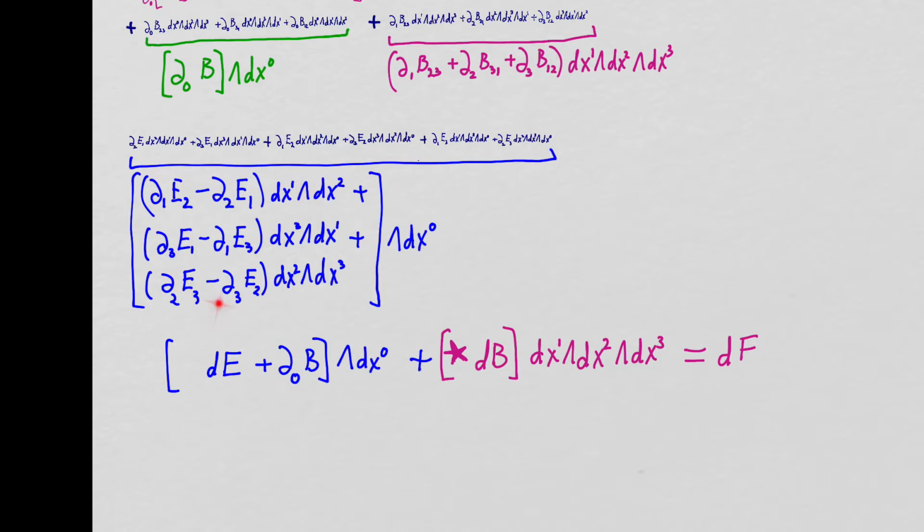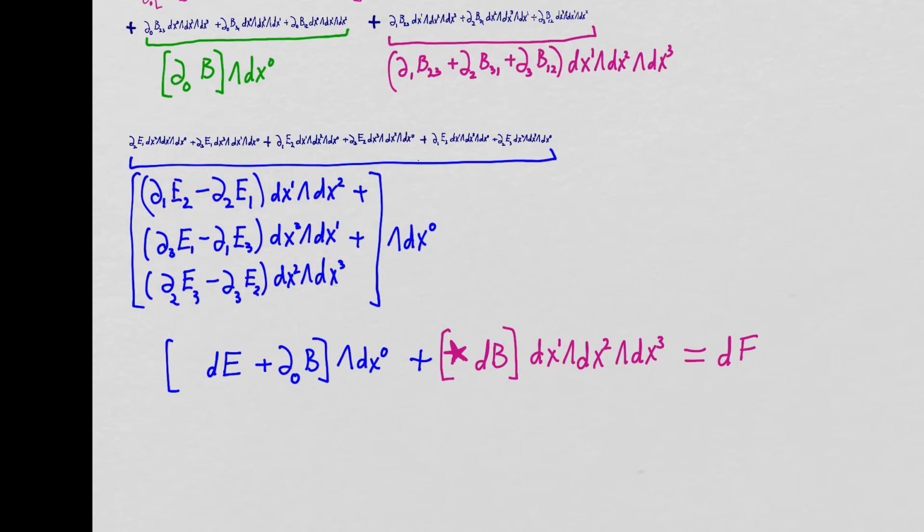First of all, we recognize that this is the exterior derivative of the electric field. The electric field is a one form, the exterior derivative is a two form, and that's exactly what this is.